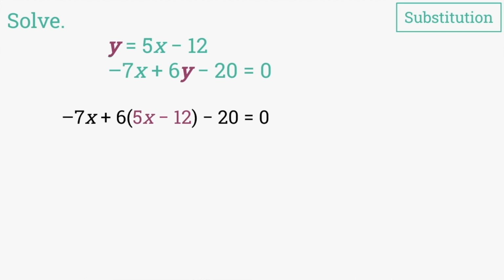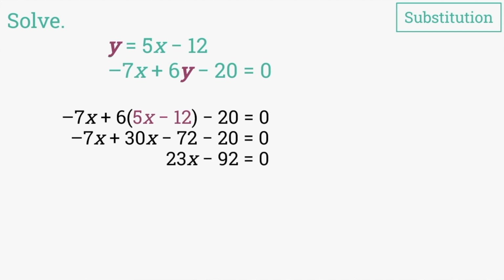Using the distributive property, 6 times 5x is 30x, and 6 times negative 12 is negative 72. Now we have negative 7x plus 30x minus 72 minus 20 equals 0. Combining the like terms, we get 23x minus 92 equals 0. And solving for x, we get x equals 4.